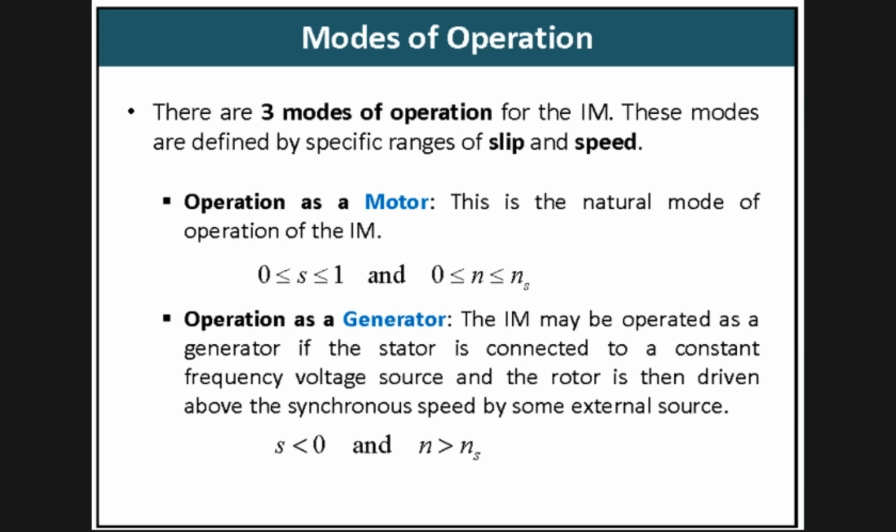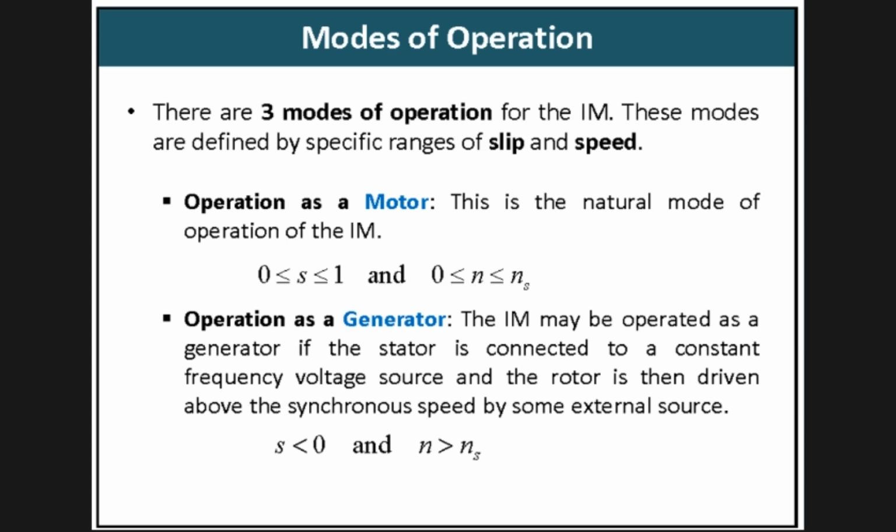That means when you supply the field coils with the current, it naturally rotates, the slip is a value between 0 and 1, and the speed of the rotor is less than the synchronous speed.